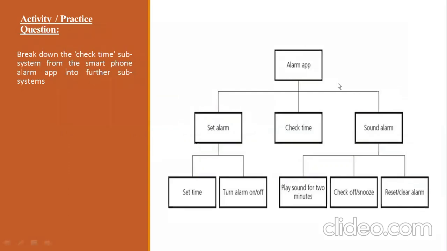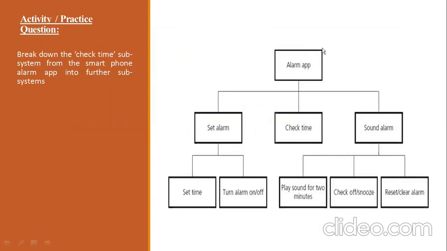But first of all, let me tell you that maybe the question is asked like this: you may be asked to make a top design approach or a structure chart by giving you some algorithm or flow chart at first.